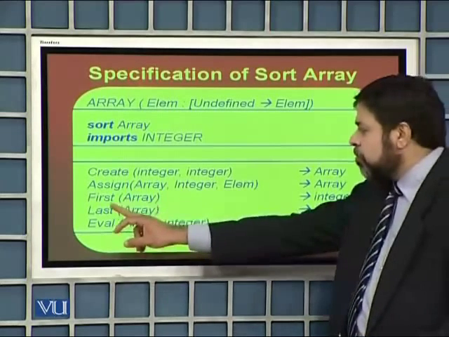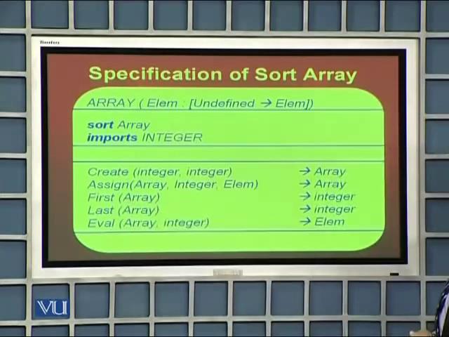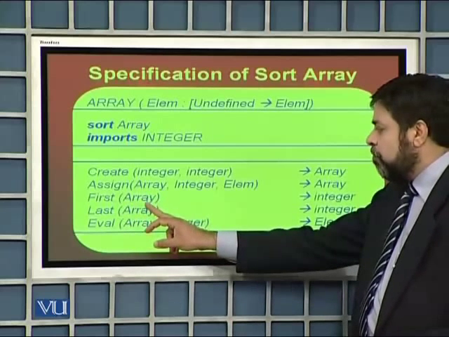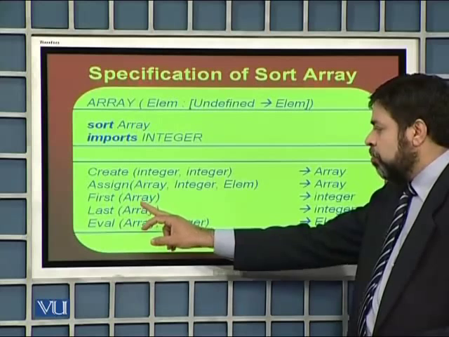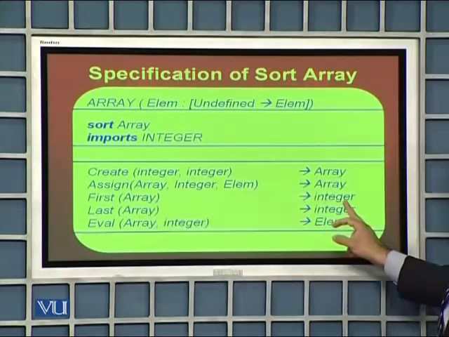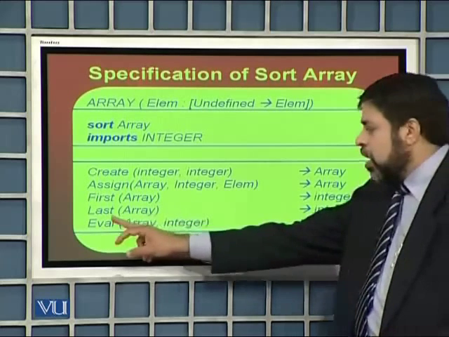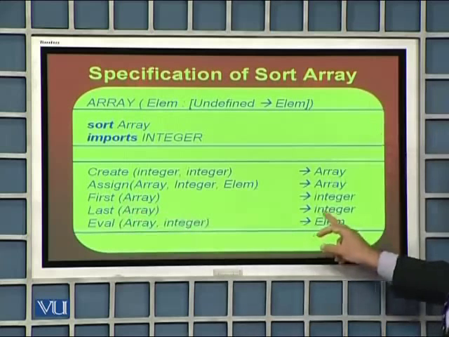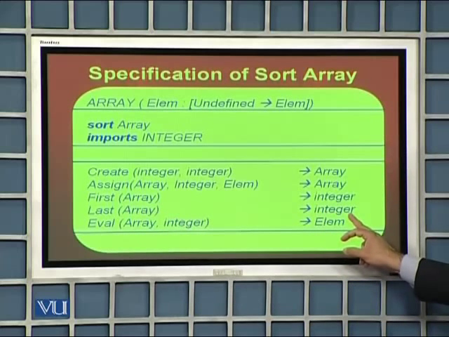Then I have the first. This function, when I give it this parameter array, it gives me an integer which is the first index in the array. And last, very similar to first, it would give me the last index in the array.